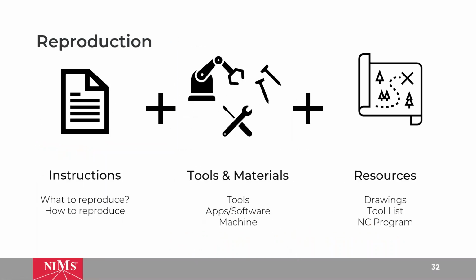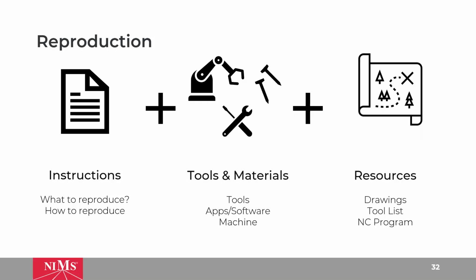Now, in some instances, the tools and materials are not necessarily readily available. So there are things that the trainer needs to prepare for. Think of it as if there's a project for a trainer that they need to prepare for.